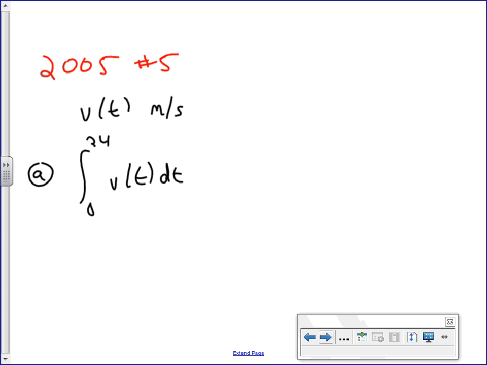You can either do it as a trapezoid, or you can do it as a rectangle and 2 triangles. They're at 360. Okay? All right?